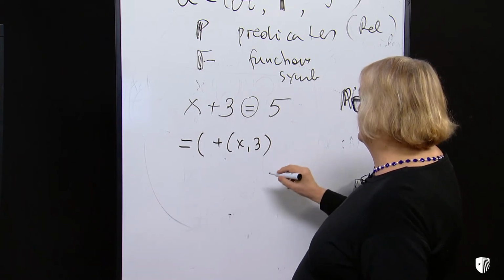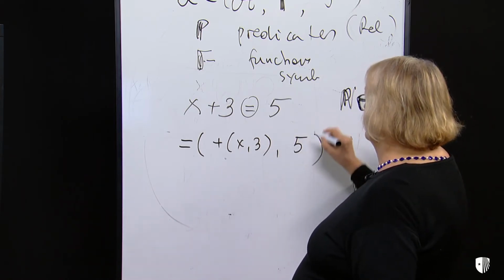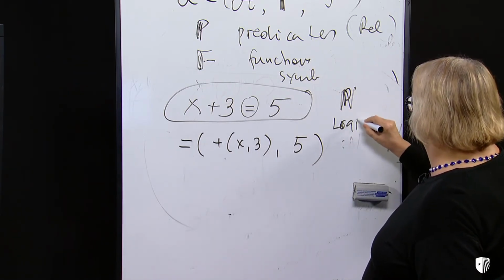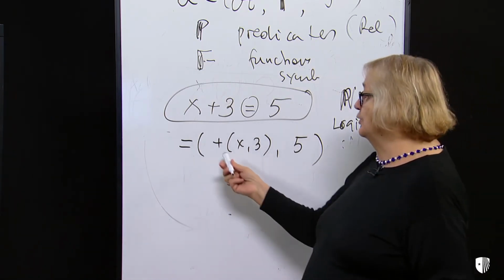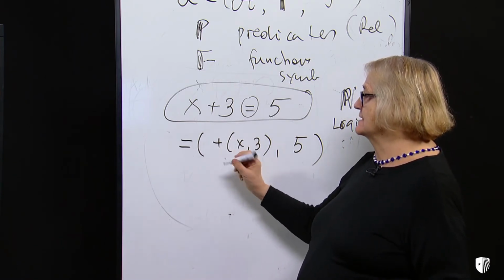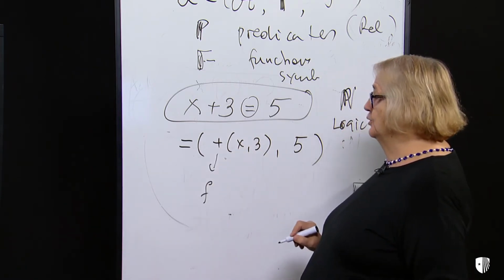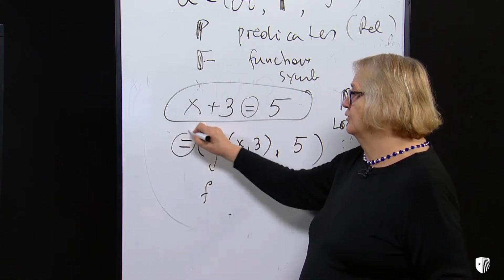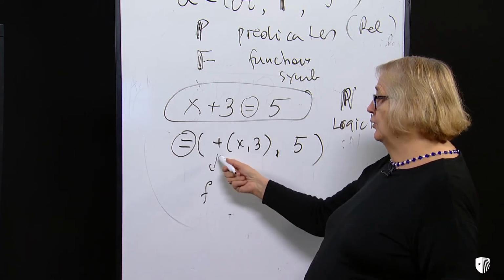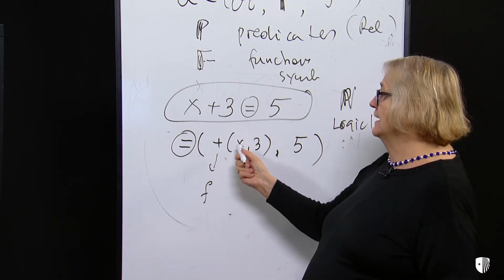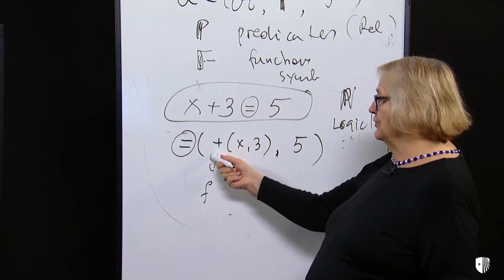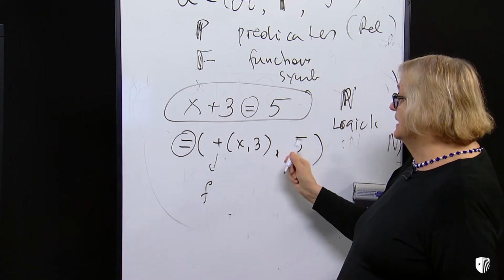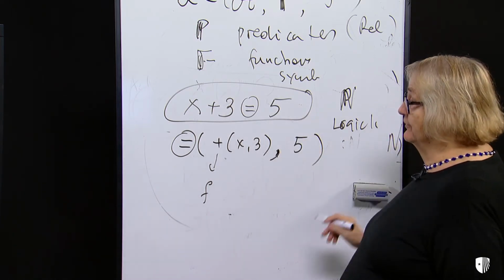This is a two-argument function, and this is a two-argument relation, and it holds between what this function plus does, so you have x plus 3, and the number 5.